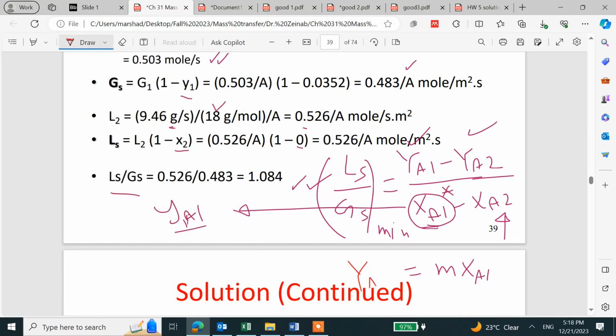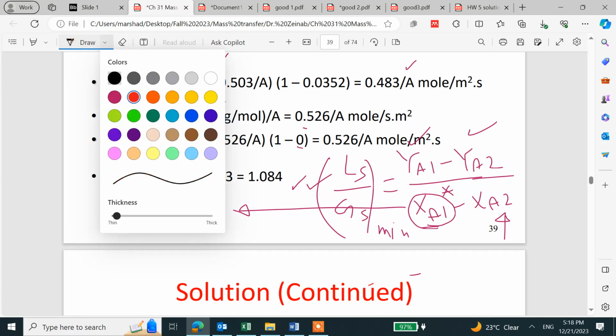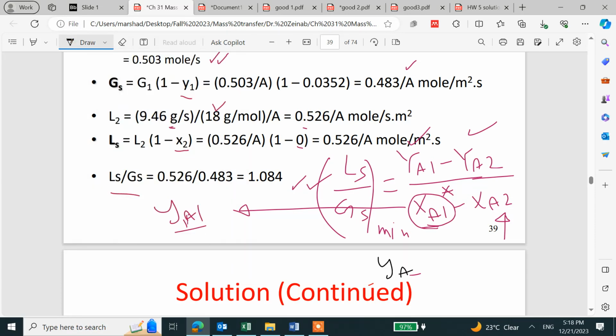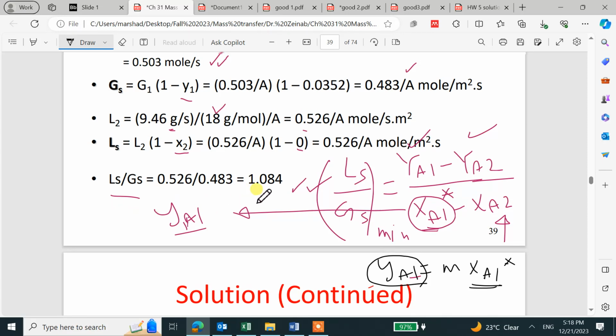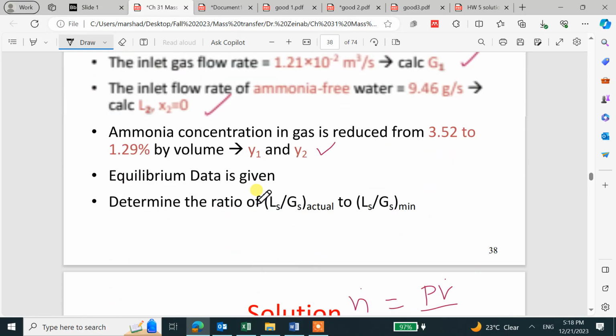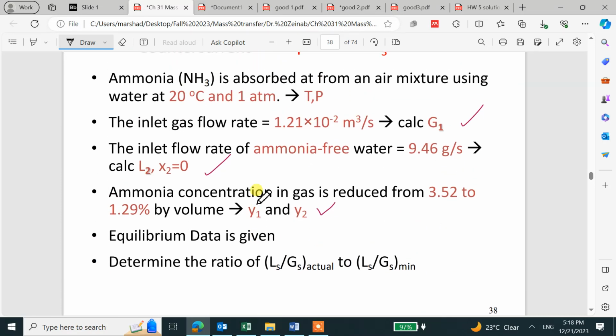The equilibrium data is not solute free, so basically if we have YA equals m XA1, YA1 is known always. If we have a linear equation, then we can get XA1 star, or from the data. YA1 is known, isn't it? YA1 is 0.0352.